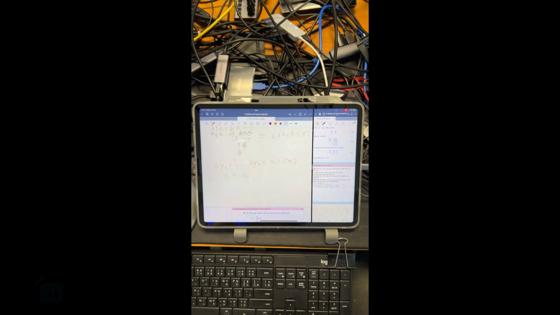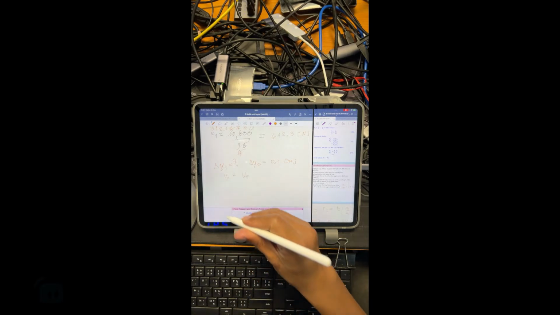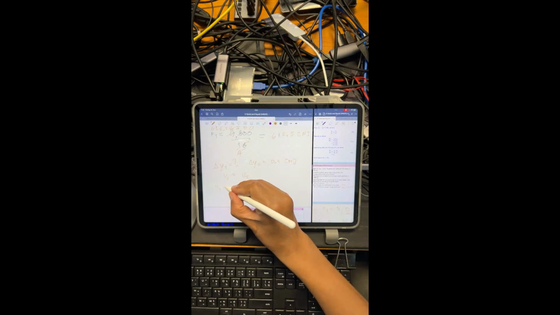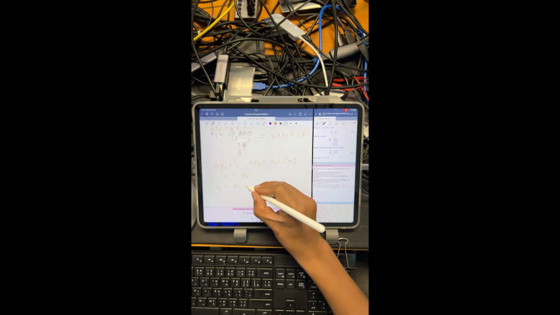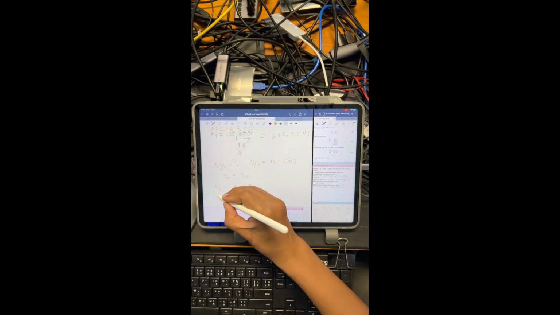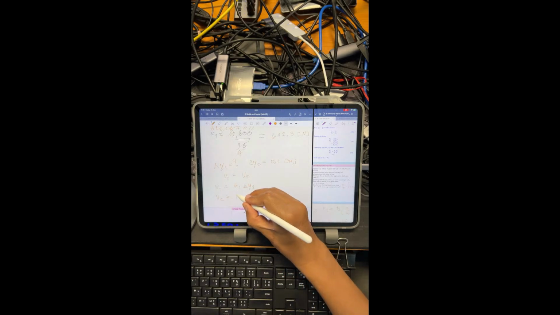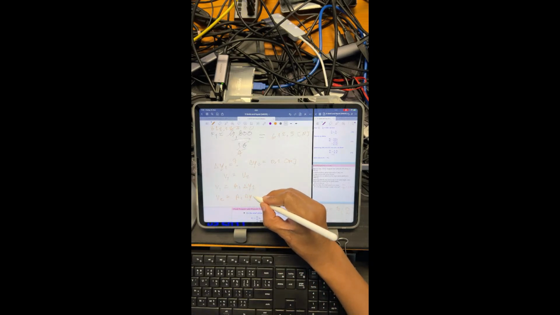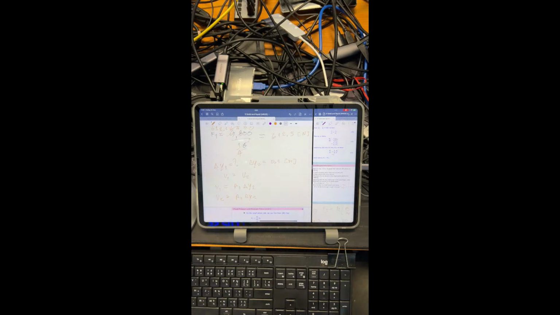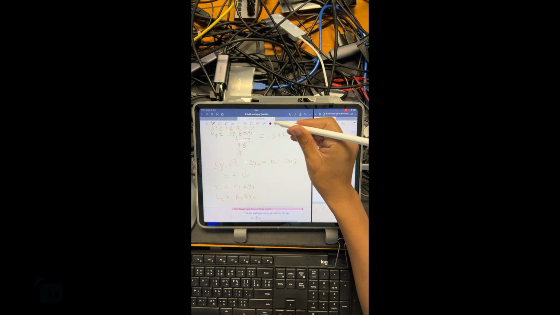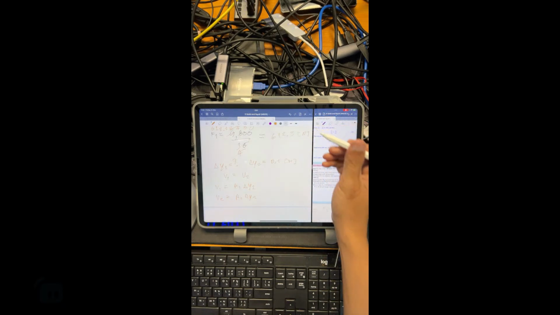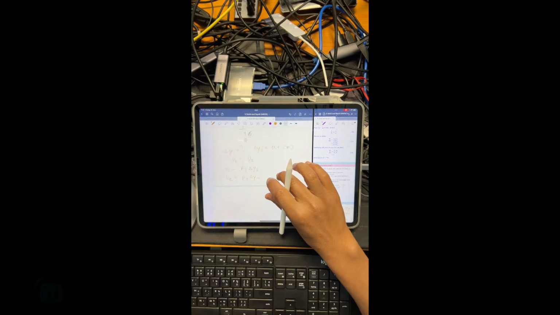Okay, V1 is A1 times delta Y1, and V2 is A2 times delta Y2. Now we have again the ratio. They want to know delta Y1.